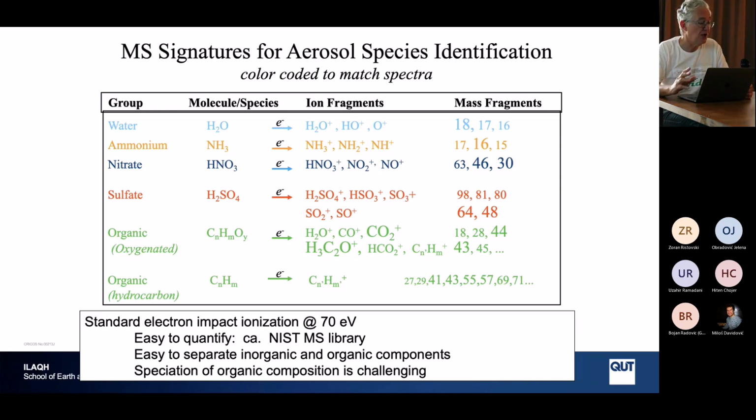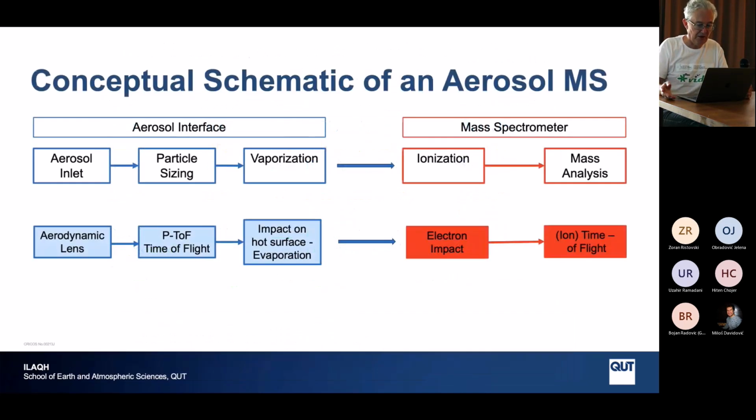So the instrument is good for classifying the composition in several groups, usually ammonia, nitrate, sulfate, and different organics: both organics that contain oxygen, so-called oxygenated organics, and the hydrocarbons, or organic molecules that do not contain oxygen.